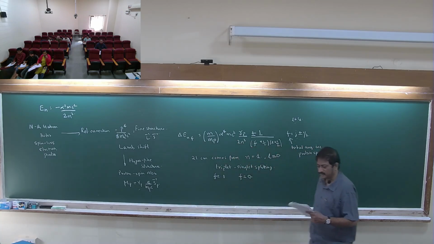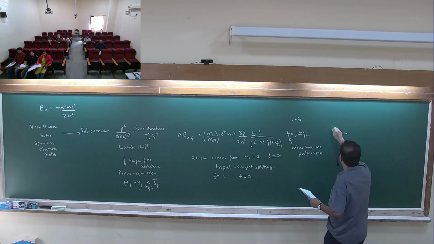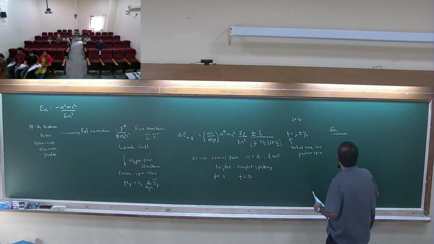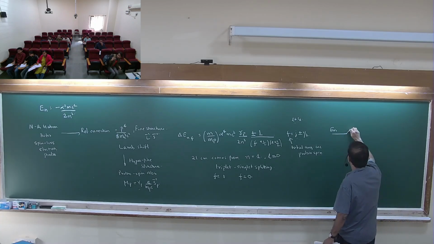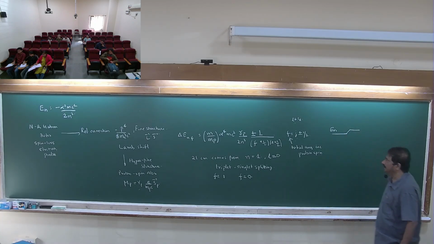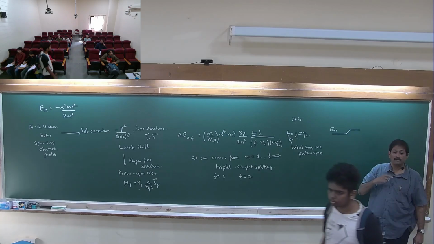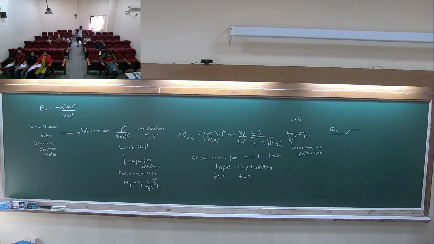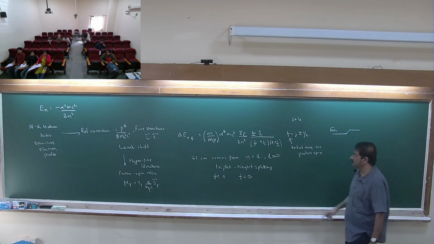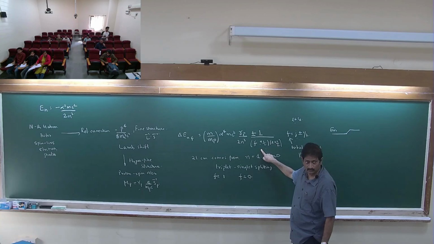So have a look at this and tell me what you expect to see: this energy level E_n is going to split into 2, and what is the relative magnitude of the split? One of them goes up and the other goes down, but there is a factor of how much difference between the two. Have a look at this and tell me what is the relative factor between the two. Okay, so it is 1 plus half, this is 3 by 2. Okay, this is half for both of them.